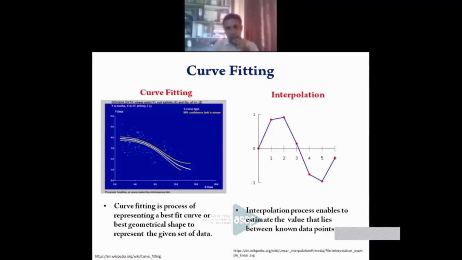Which is the best way to do it? Should I go for a polynomial, or can I go through between polynomials? These are some of the discussions we have in that class. This discussion is a different domain, even though we work with data points. We are trying to understand the best geometrical shape to adopt to represent the given data set. This is the difference between curve fitting and interpolation. We must be very clear in our mind before we proceed with this learning process.